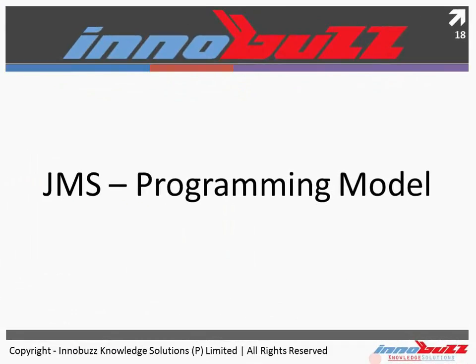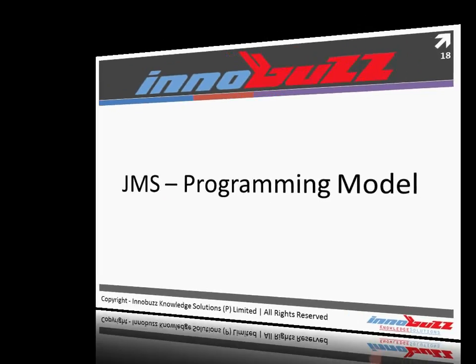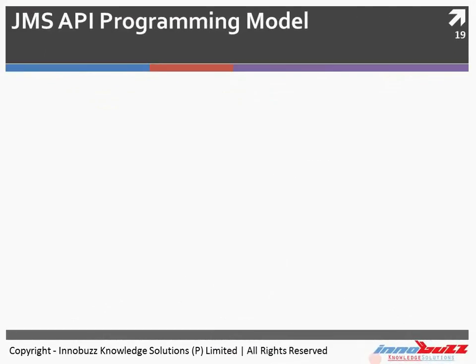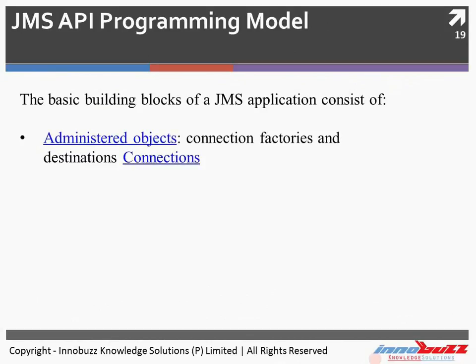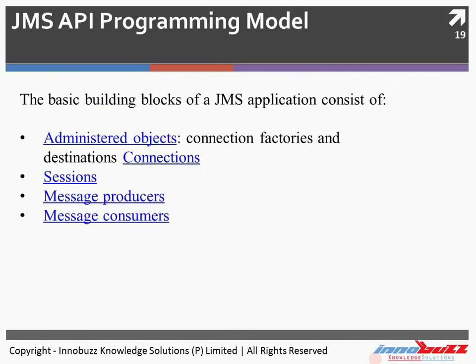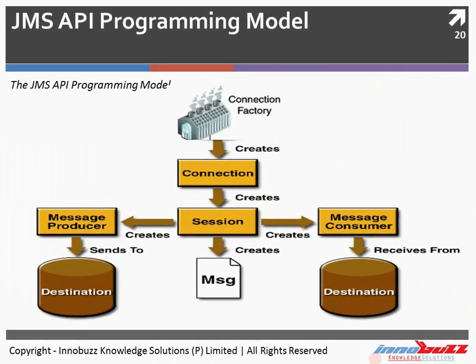Let's see the JMS programming model, the JMS API programming model. The JMS API consists of administered objects, which in turn have connection factories and destinations, sessions, message producers, message consumers, and messages.